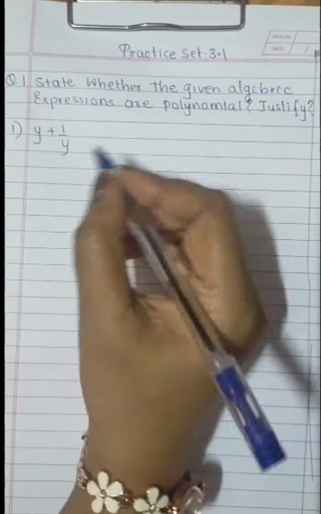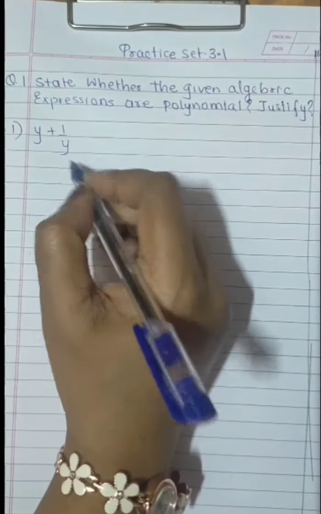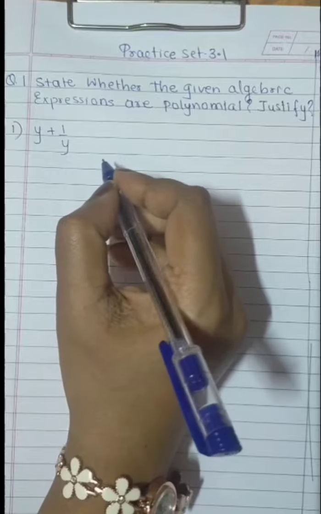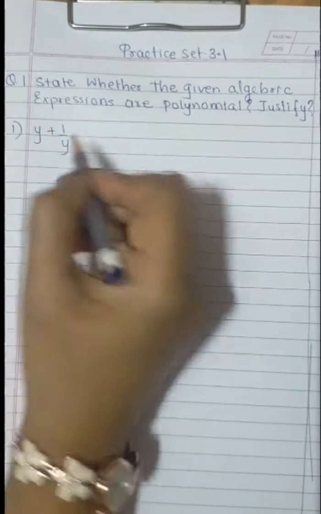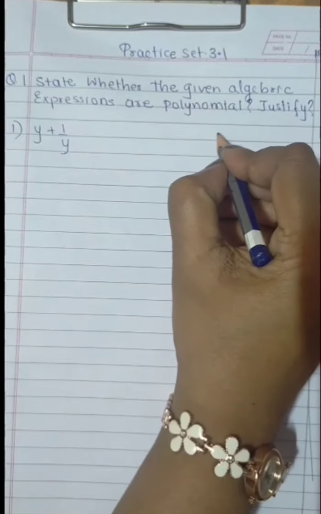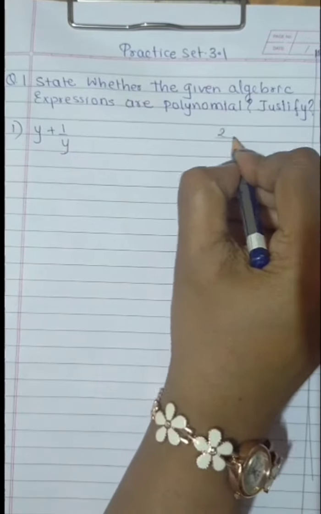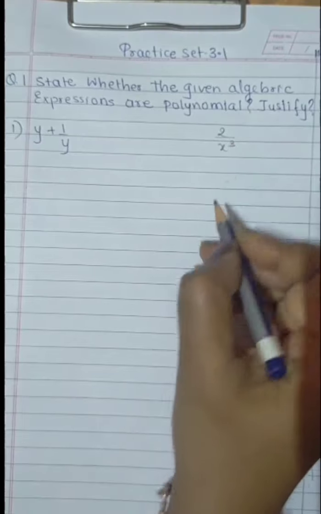First, the whole numbers like 0, 1, 2, 3, 4 should be considered in this equation. For example, 2 upon x cube.